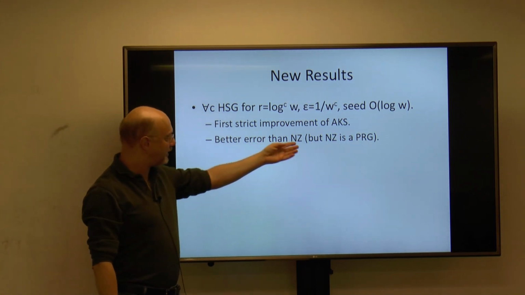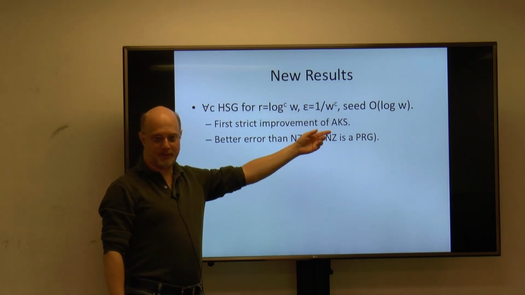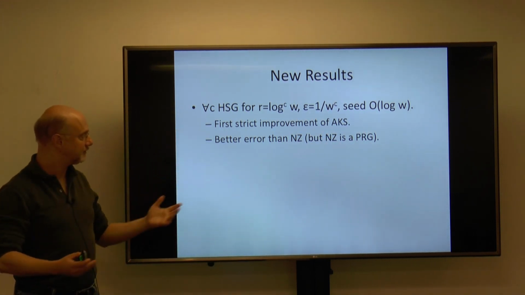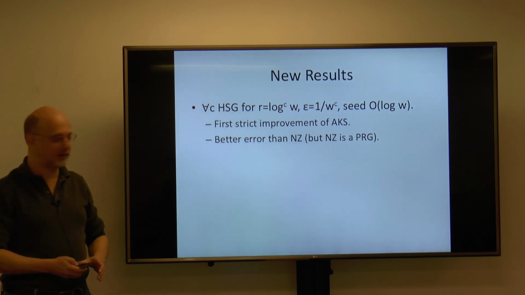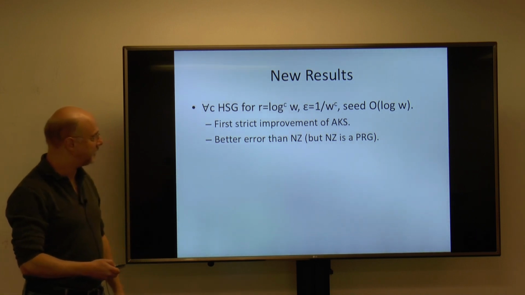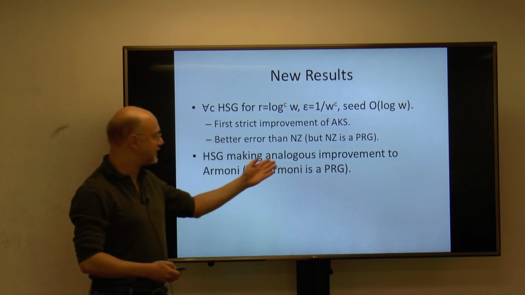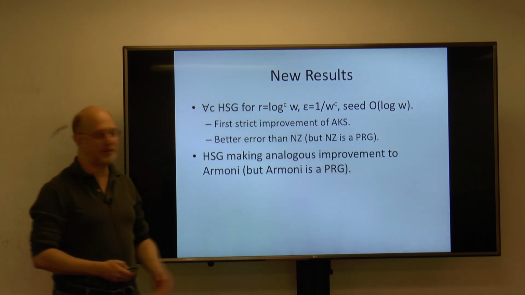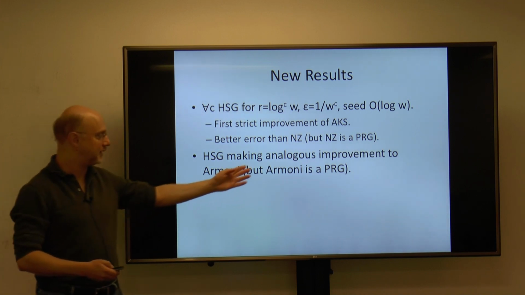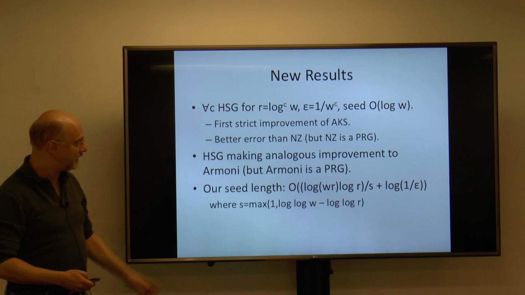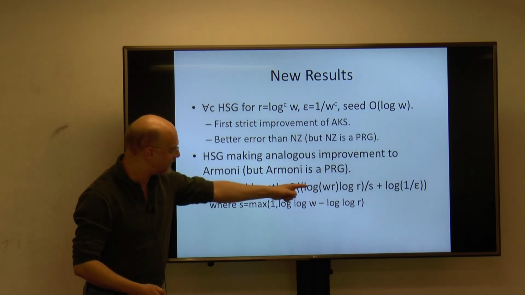So it's a better error than NZ, but NZ is a pseudo-random generator, so it's not completely better. We also give a hitting set generator making analogous improvements to Armoni's generator, but again, Armoni has a pseudo-random generator. We just have a hitting set.